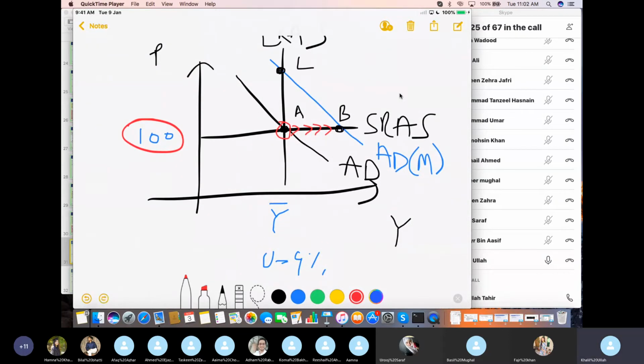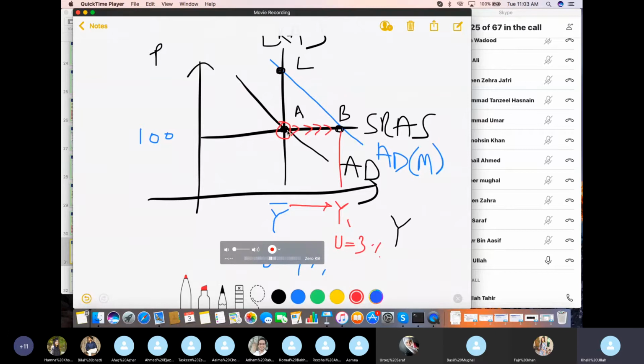But after the demand shock, the economy starts to move towards point B, and at point B the GDP has increased from Y bar to a higher level, Y1, and since more things are being produced, people would be required to work to produce more things. So basically unemployment in the economy would decrease.